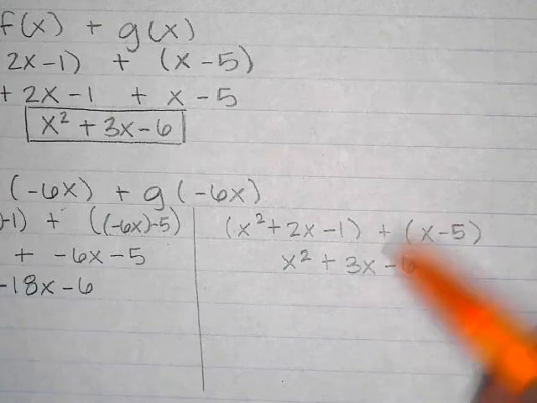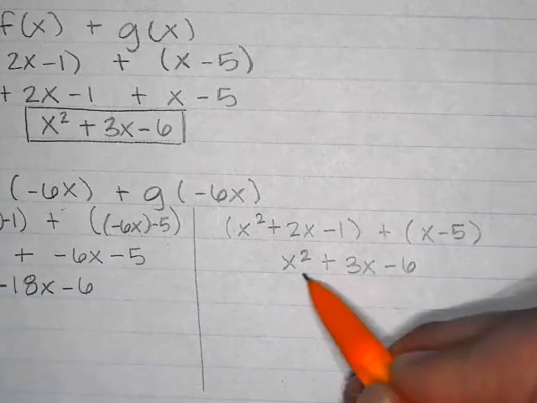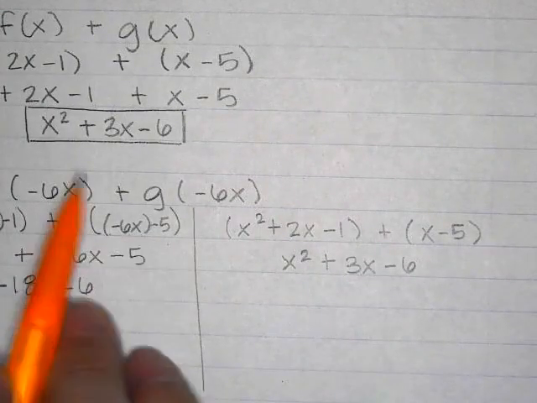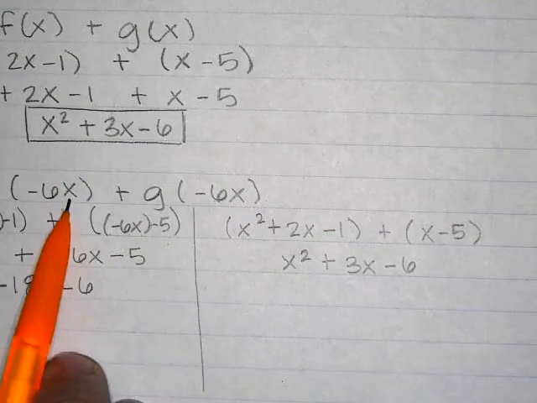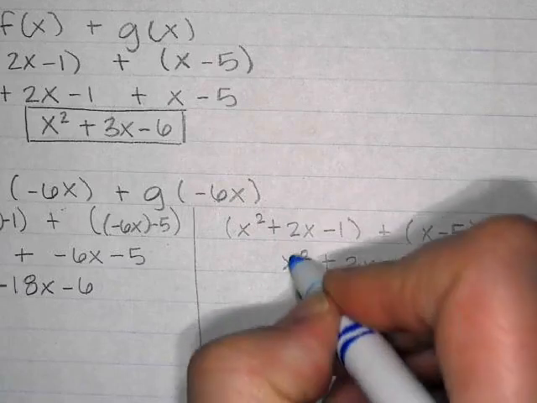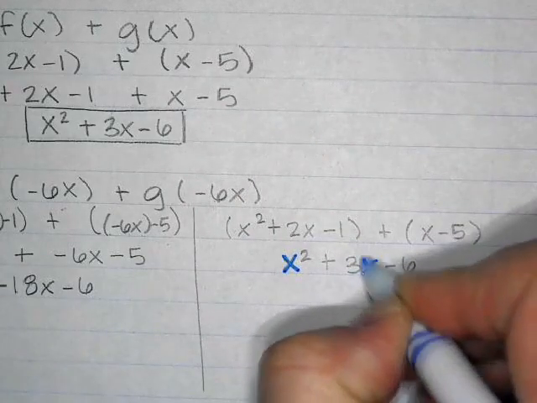I added them together. And then at this point, after I add them together, I would go back and plug in the negative 6x. I would have two places to plug it in. I'm going to plug it in here and plug it in here.